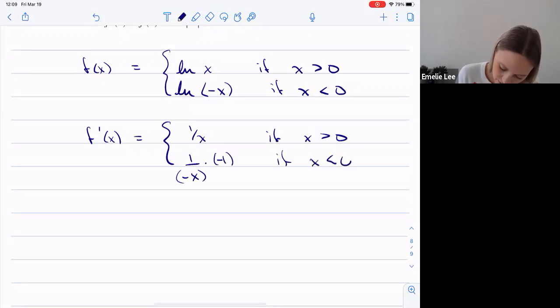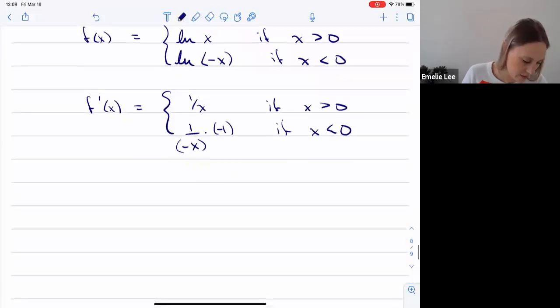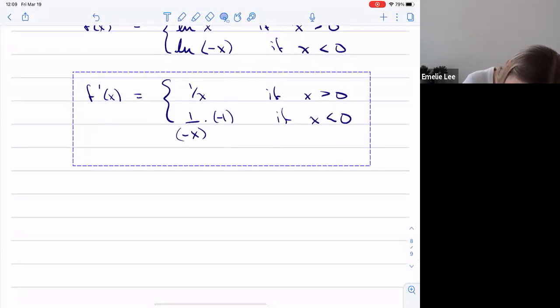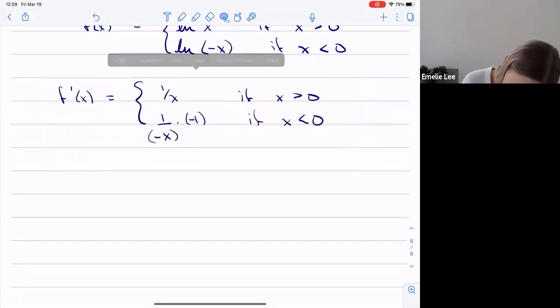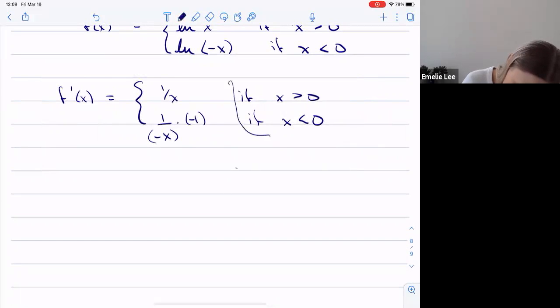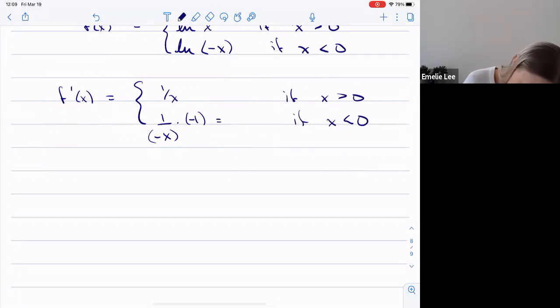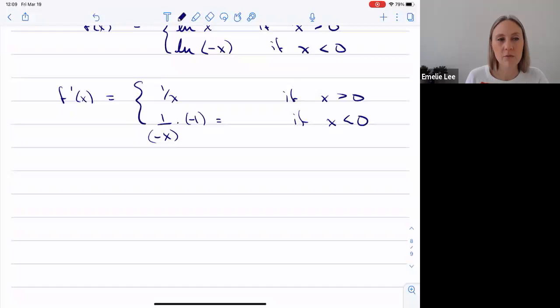And this is if x is less than 0. Negative 1 over negative x just puts me on 1 over x.